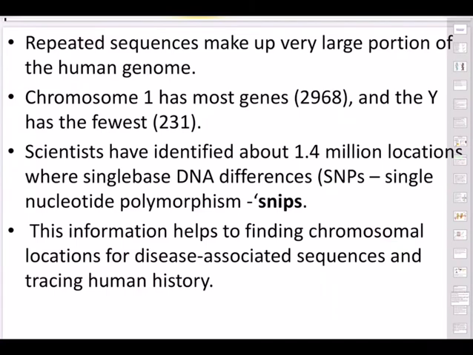So two factors made this possible: number one, genetic engineering. We will be talking a lot about genetic engineering in the biotechnology chapter. Genetic engineering techniques made it possible to isolate and clone any segment of DNA. Second, availability of simple and fast techniques for determining the sequence in the DNA. So mainly the methodology that we adopt is ESTs, expressed sequence tags.